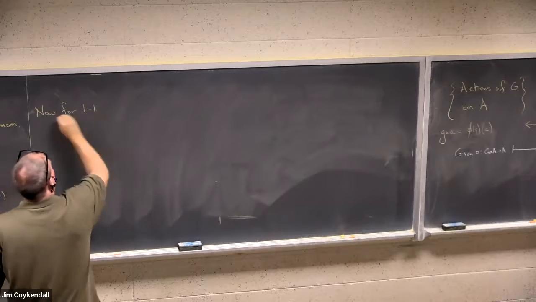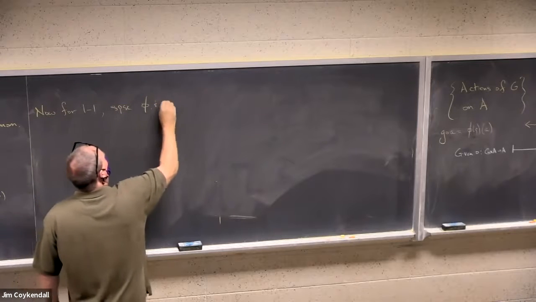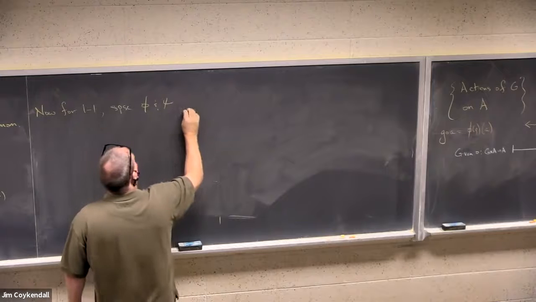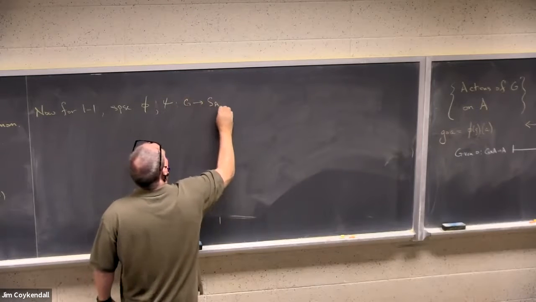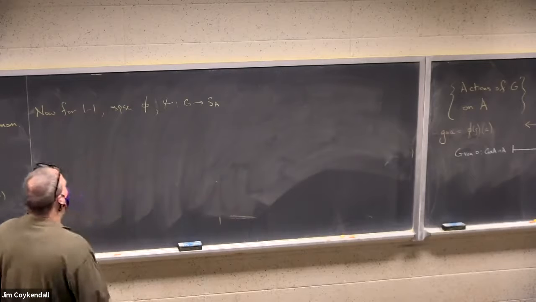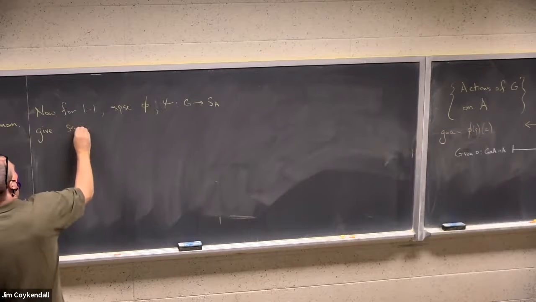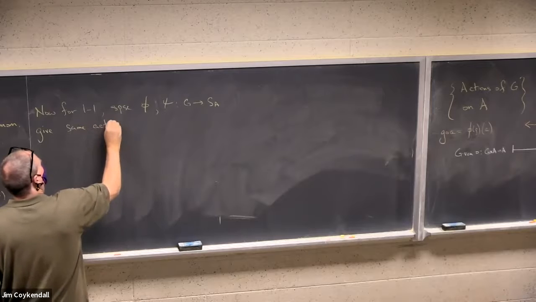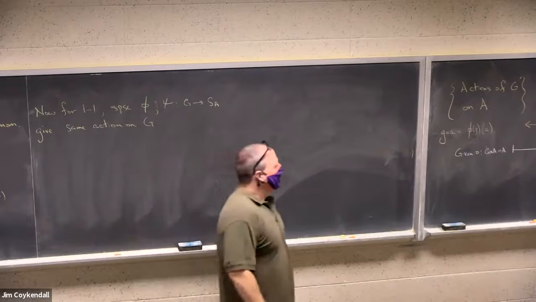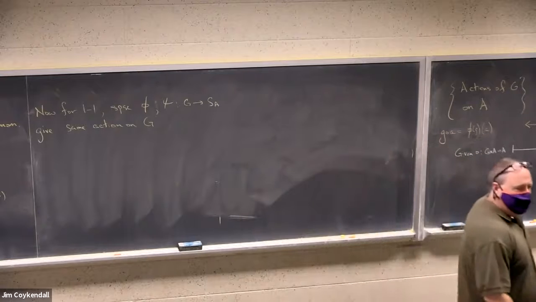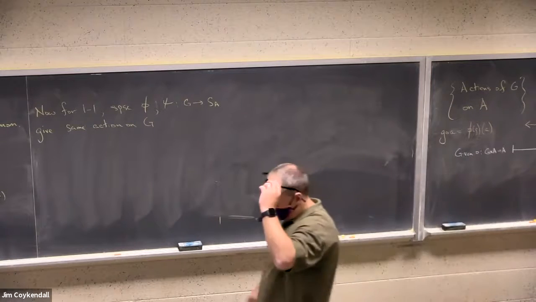Now, one-to-one. Suppose phi and psi (the pitchfork) are both homomorphisms into SA. Suppose they give the same actions. So what I want to do is show that phi and psi have to be the same thing.